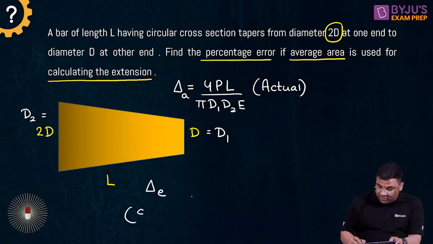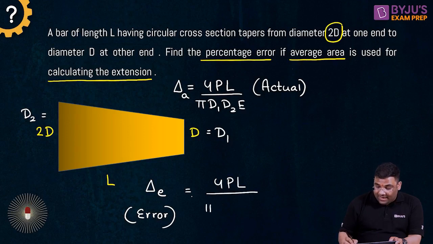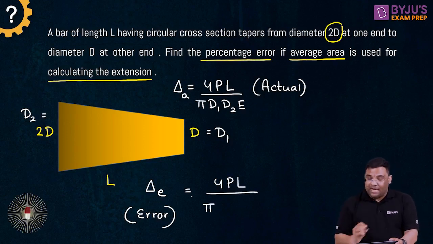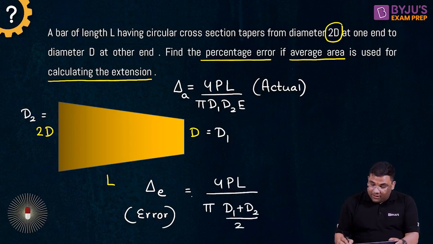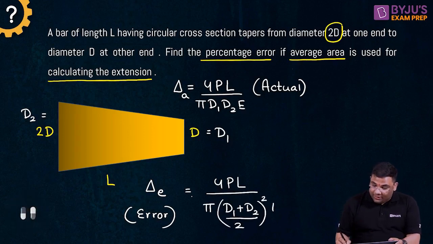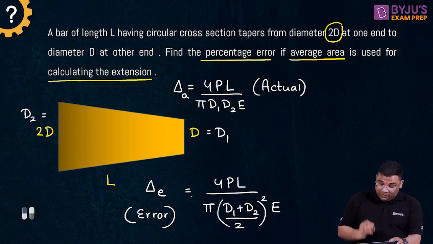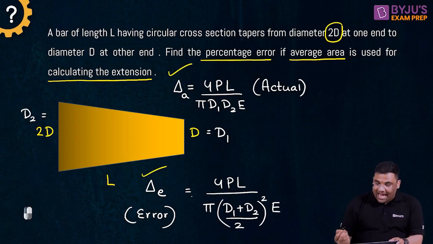So this will be the error one, and this will be equal to 4PL by pi, considering the average diameter, so D1 plus D2 by 2 whole square into E, right? So this is the actual one and this is the error one.